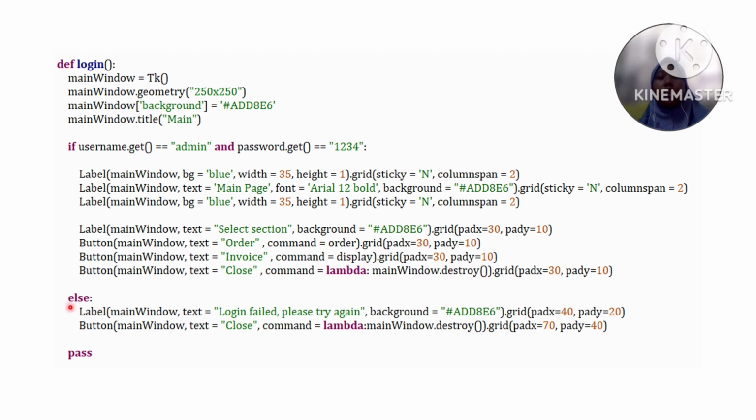Else, for the other selection, if either the username or the password is wrong, or both are wrong, then it will instead show a label which says login failed, please try again, and then another button to close it.